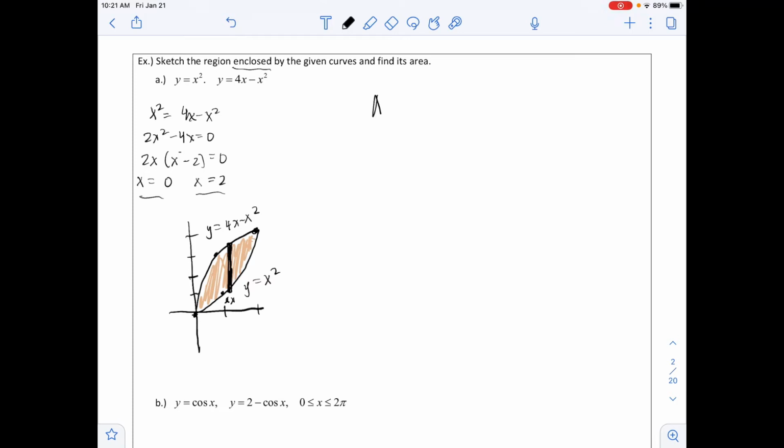And so our area here is going to be equal to the integral from, again, a and b are 0 and 2. And then we have our top function, which is 4x minus x squared, minus our bottom function, which is just x squared. And again, since we are integrating with respect to x, we're going to put a dx.